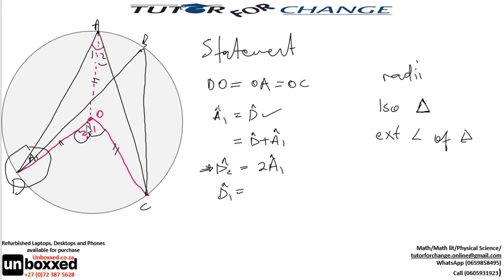This is the external angle. O2 is not D2. So we've got O here and even here O1. Then O1 is equals to 2A2. Now this proves that O is equals to 2A.